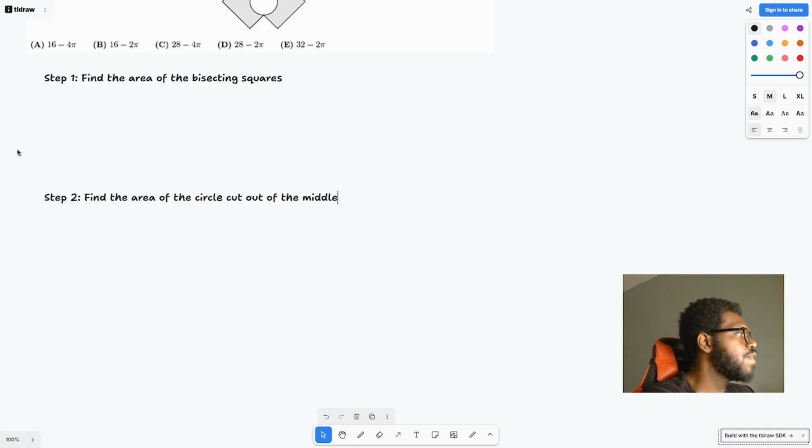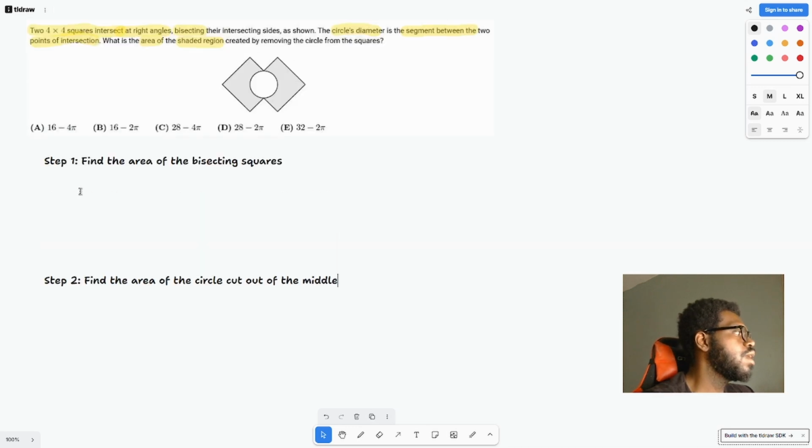Step two is going to be to find the area of the circle cut out of the middle. And then step three is going to be to subtract the areas found in steps 1 and 2. All right, now we have a framework for tackling this problem, so we can just get started with each step.